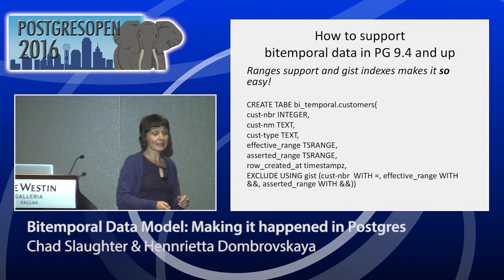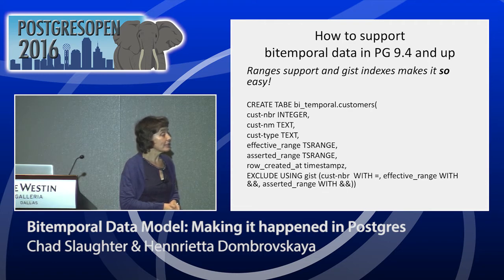And the other part which made it super easy to support is how we define the bitemporal table. It's EXCLUDE USING GIST. Here we show how this table of customers will be implemented in Postgres. There's one piece missing, but it's not important for now. It's customer number, customer name, customer type, effective range, which is a timestamp range, asserted range, and row created at, which is our internal timestamp.